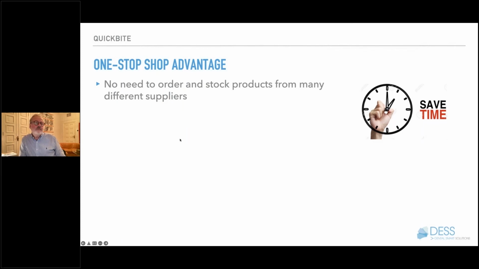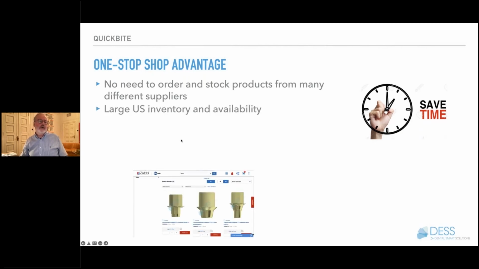One-stop shop advantage, of course, no need to order and stock products from many different suppliers. I think that will save you time, that will save you money, because you don't need to build up a lot of different stock from different suppliers. Zahn has a huge, large US inventory, and the availability of products is very high, and delivery percentage is extremely high.